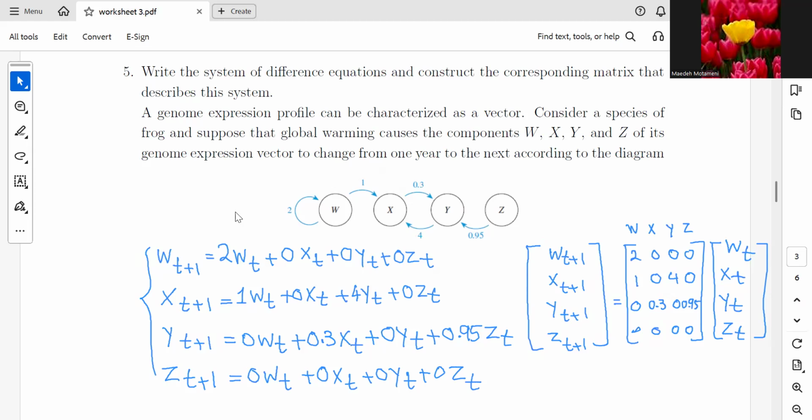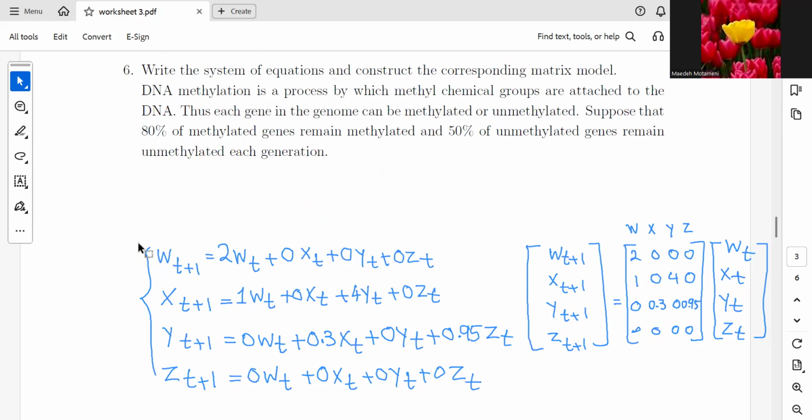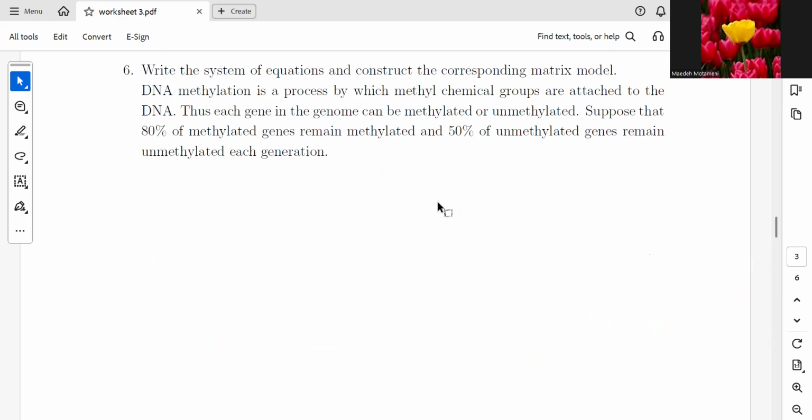Number 6. Okay, please read the question first. In order to write the equations, we would consider some variables. So let's say M sub t is the number of methylated genes at time t, and U sub t will be the number of unmethylated genes at time t. So according to these, we have 80% methylated.